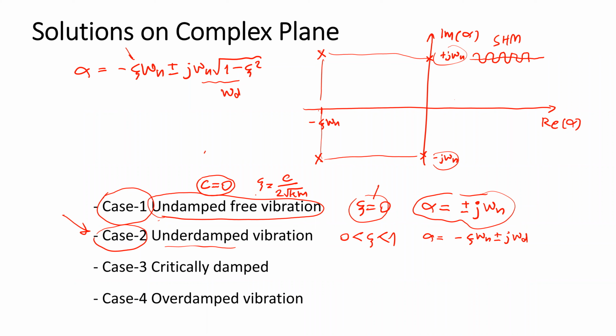The root of this type has the real part on the left hand side of the imaginary axis and also has the complex conjugate. The vibration that corresponds to this type is a vibration with big magnitude that decays in magnitude and stops vibrating.